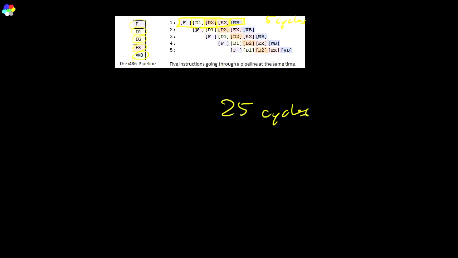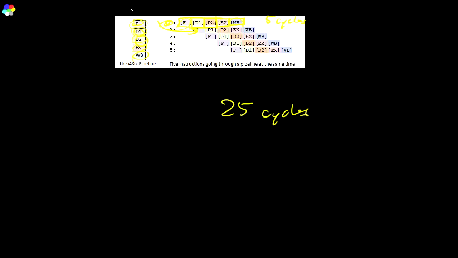So what you do is you pipeline your instructions. You break them down into the steps that can be executed on different units. And then you do step 1 in F, and then step 2 in D1. Now F is free. F starts the next instruction. So F is going to be working on instruction 2, D1 is working on instruction 1. Now D2 is working on instruction 1, D1 is working on instruction 2, and F is working on... Now I'm getting all confused.